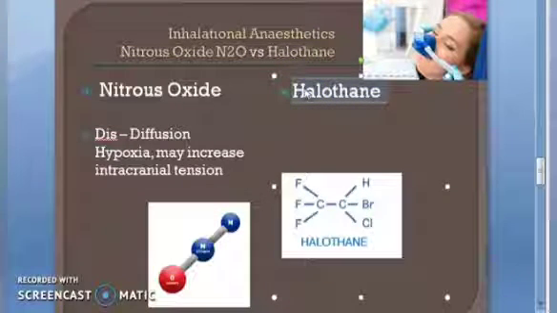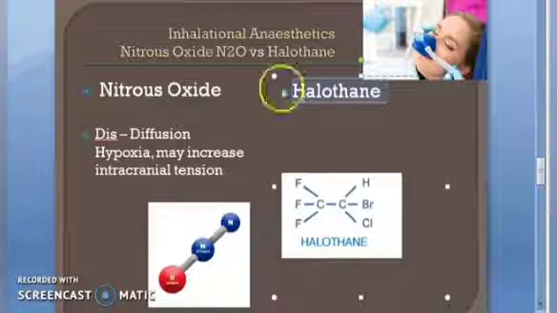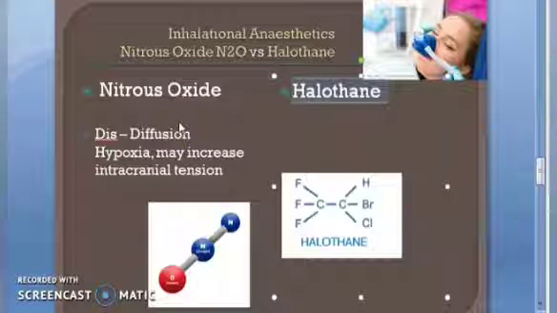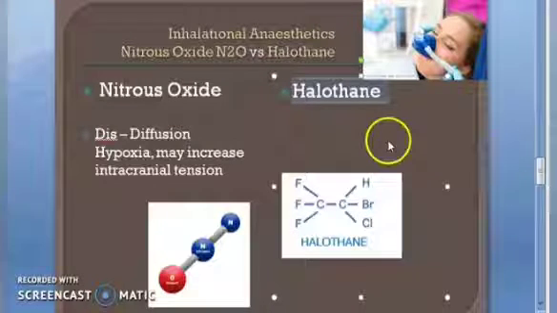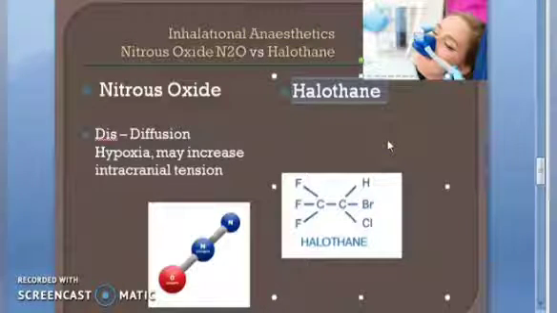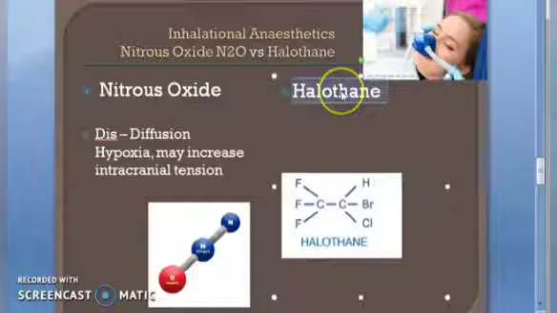It is an anesthetic, yes. Okay. It has poor analgesia. It is the opposite of nitrous oxide. Nitrous oxide had good analgesia, but it was a poor anesthetic. This one, halothane, is a potent anesthetic, poor analgesic. Okay. Then in halothane, muscle relaxation is inadequate.